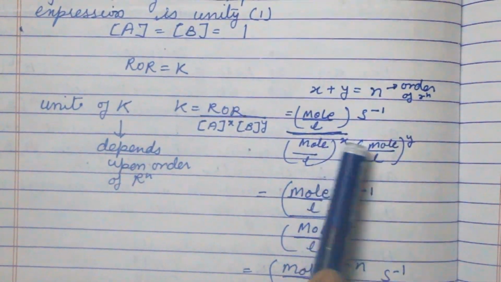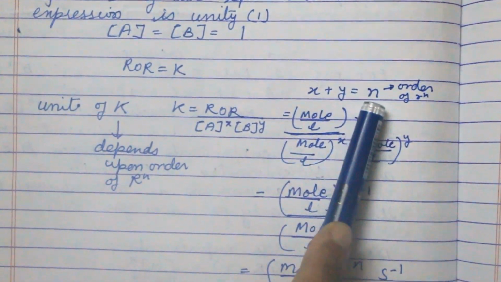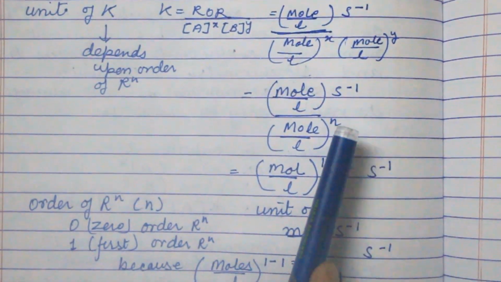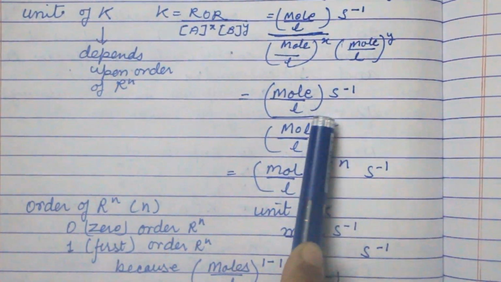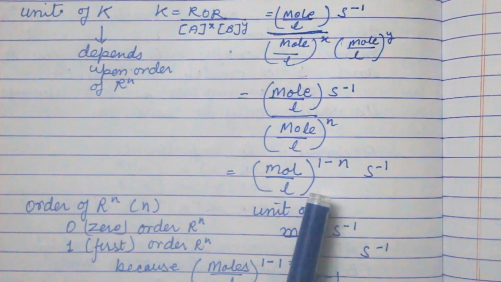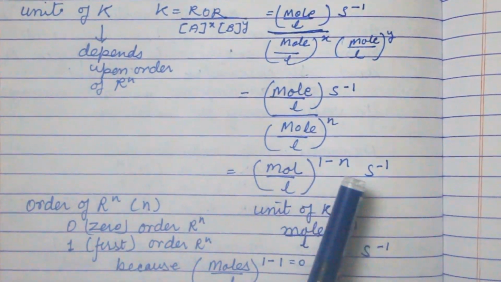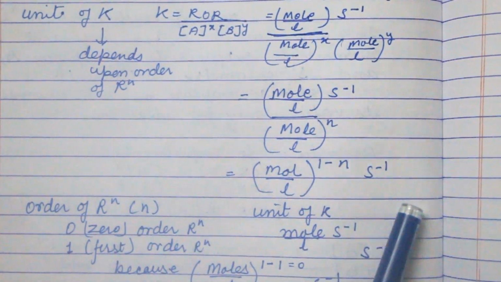So x plus y we consider as n, the order of reaction. In the denominator, n is taken as common because x plus y is n, and bringing it to the numerator, 1 minus n is the expression for the unit of K.